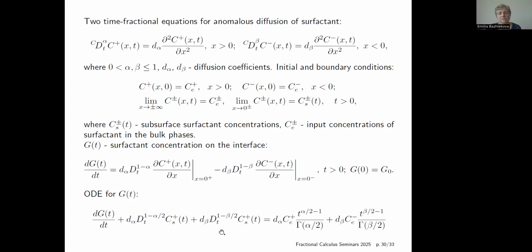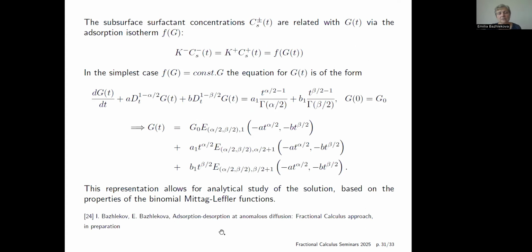This equation is usually nonlinear, but we have this relation. And if we suppose that function f is linear, then the equation for g is of this multi-term form, a linear equation, and we can obtain its explicit solution, given as a sum of multinomial Mittag-Leffler functions.